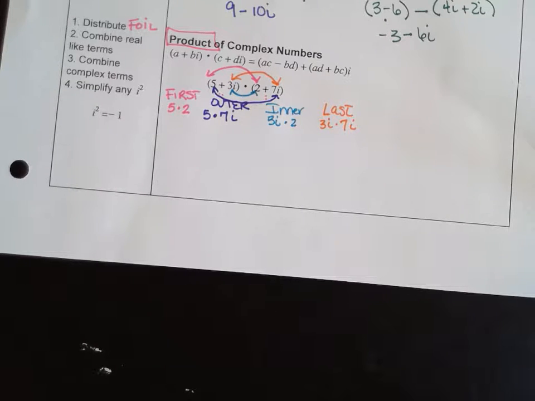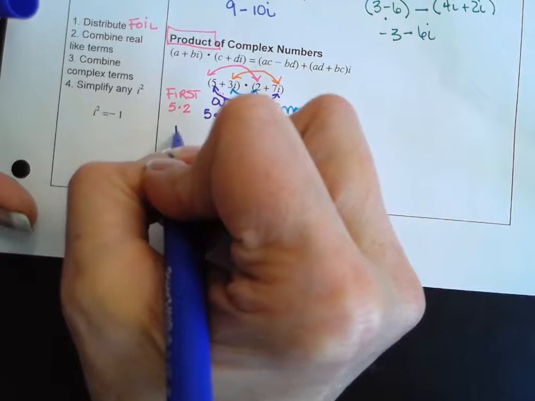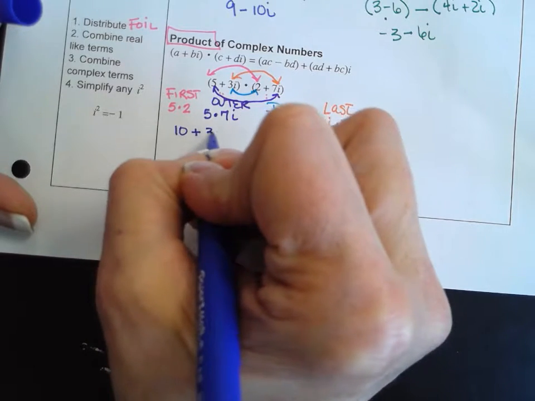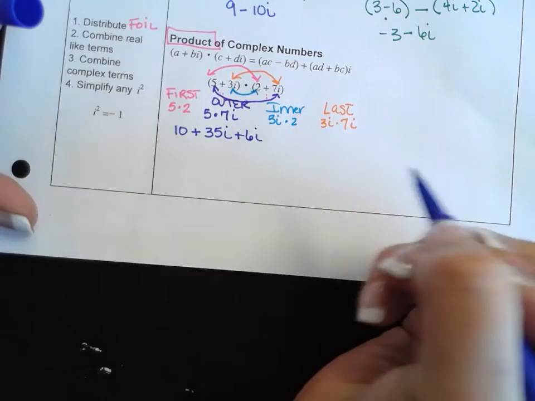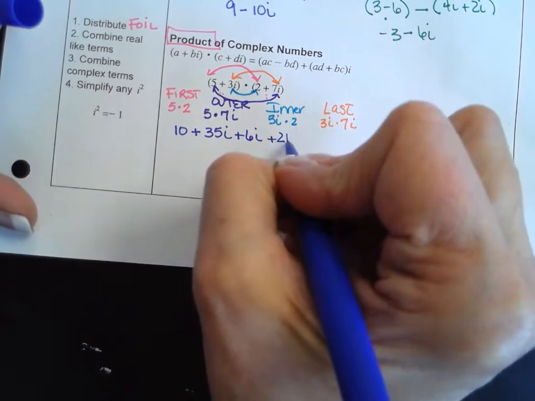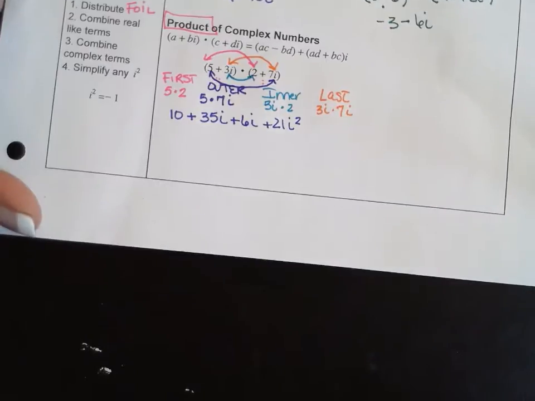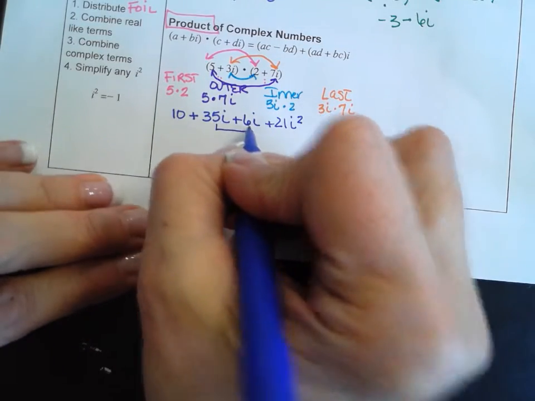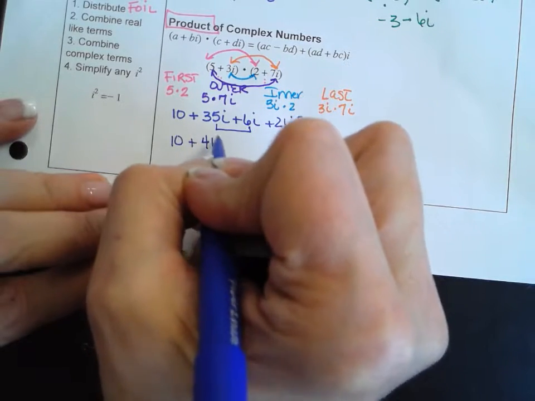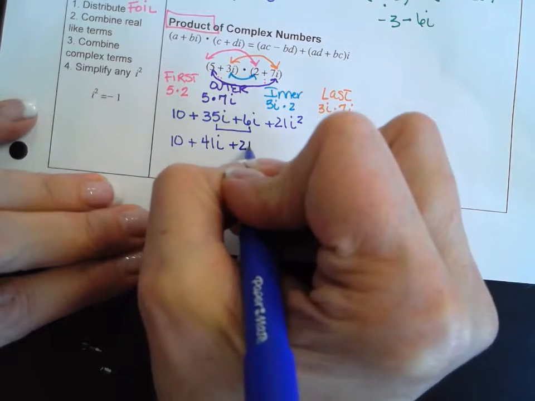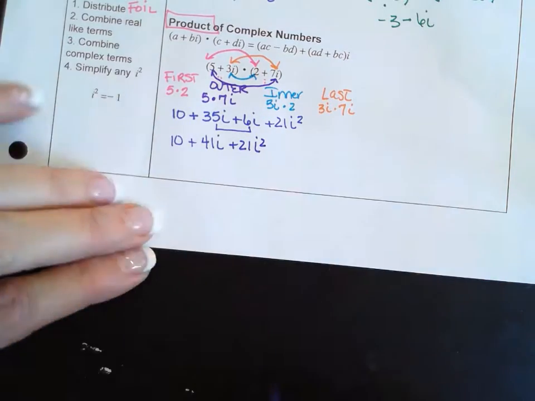Okay, everybody good so far with that? Okay, when I simplify, I'm going to get 10 plus 35i plus 6i plus 21i squared. And I can combine these two like terms, so I have 10 plus 41i plus 21i squared.